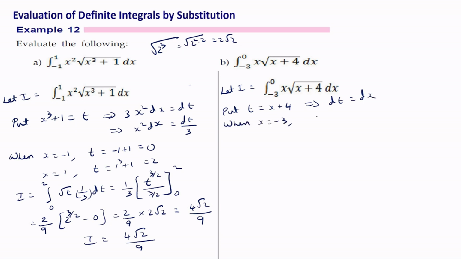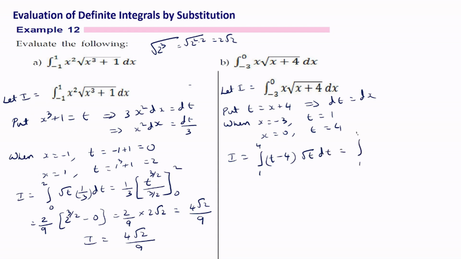When x equal to minus 3, t equal to minus 3 plus 4, so it is 1. And when x equal to 0, t equal to 0 plus 4, which is 4. So the given integral becomes integral 1 to 4. In place of x we can write t minus 4, t minus 4 into root of x plus 4, which is root t, dt.